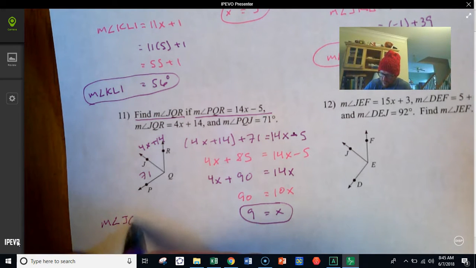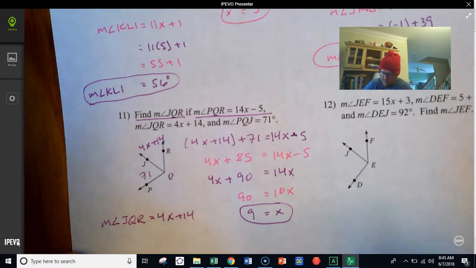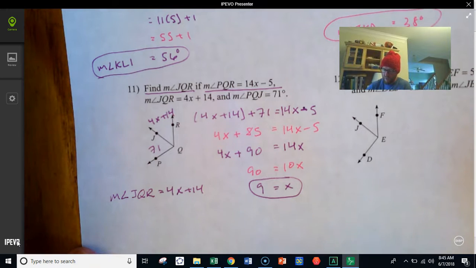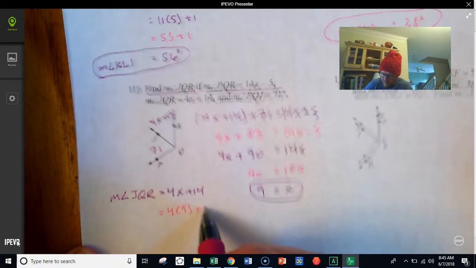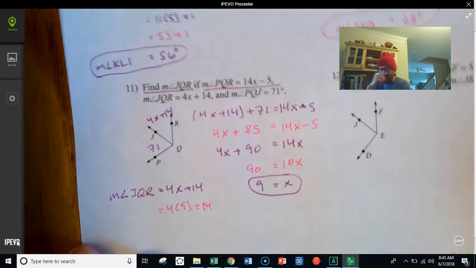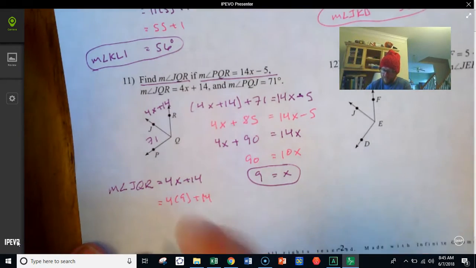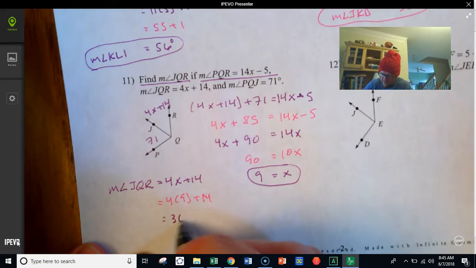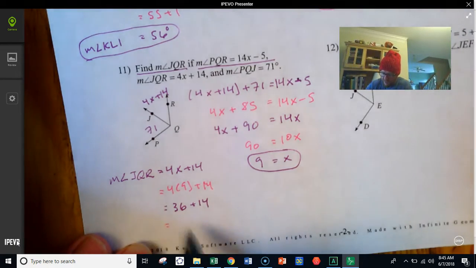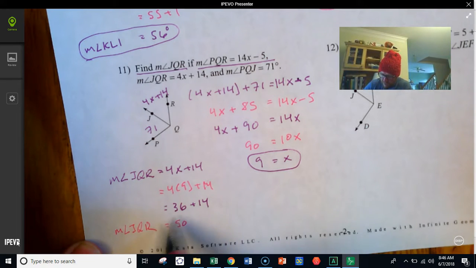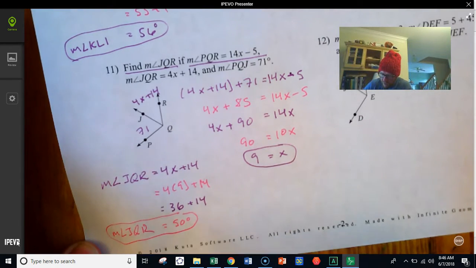Measure of angle JQR is 4x plus 14. We've got x is 9. So 4 times 9 is 36, and 36 and 14 is 50. So measure of angle JQR is 50 degrees.